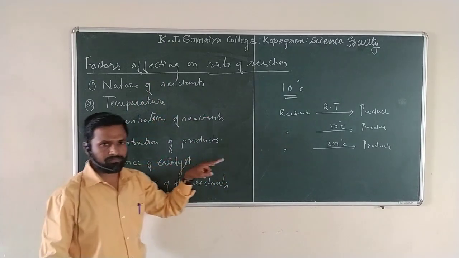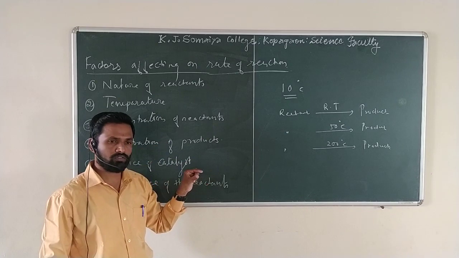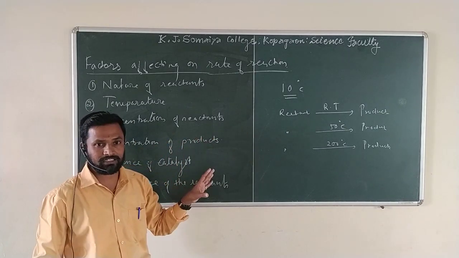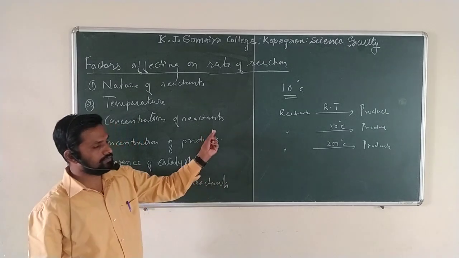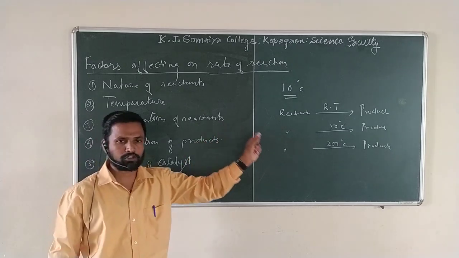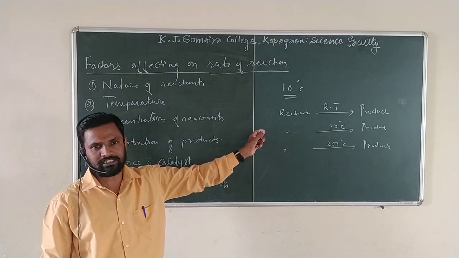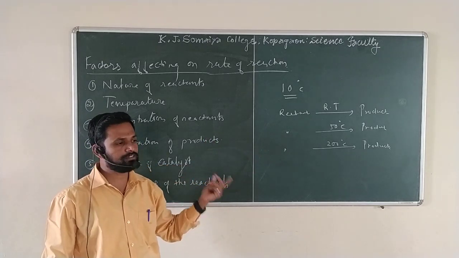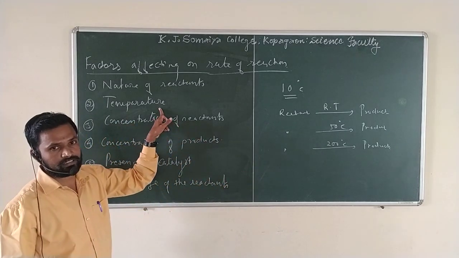If you want to find the rate of a reaction or rate constant of a particular reaction, it can be determined at different temperatures. For the same reaction, the rate of reaction can be determined at different temperatures. Why? Because temperature can affect it.